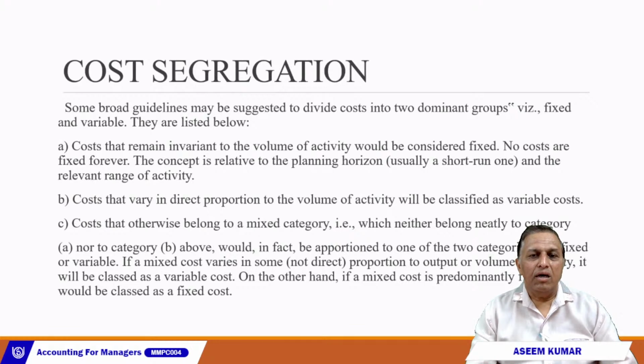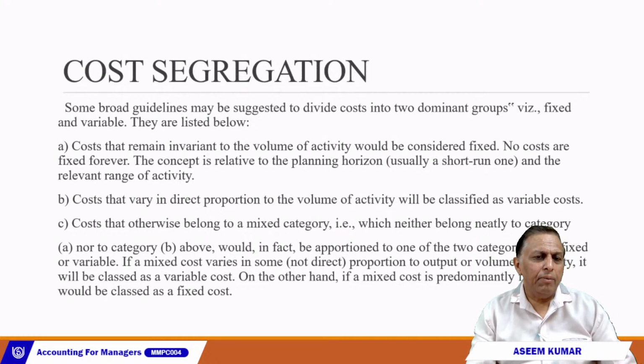So, if there is no variation in the cost with the volume of activity, it would be fixed cost. But costs that vary in direct proportion to the volume of activity will be classified as variable cost.